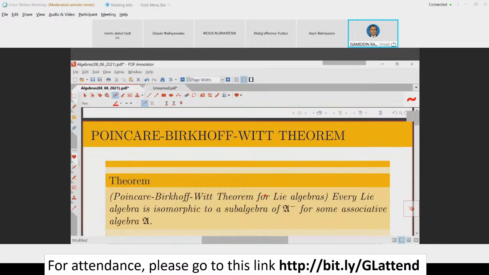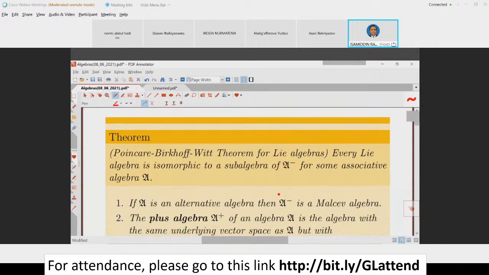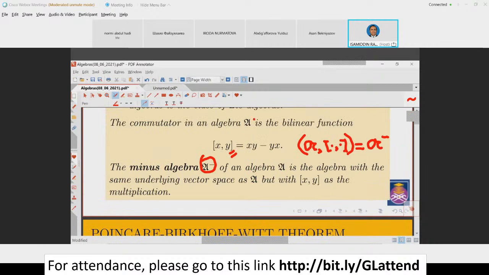Now, there is such a theorem, the Poincaré-Birkhoff-Witt theorem for Lie algebras. Now we'll consider this A as a Lie algebra.